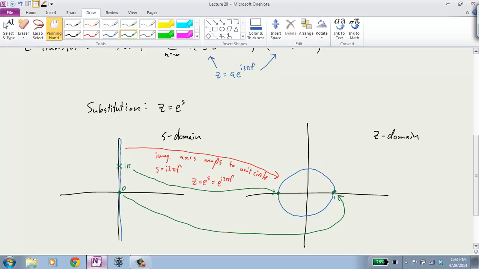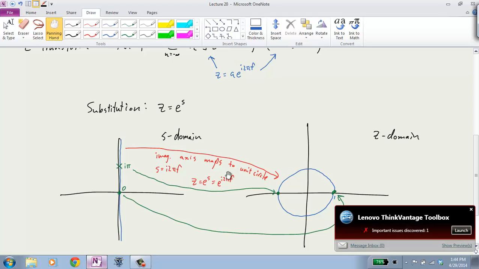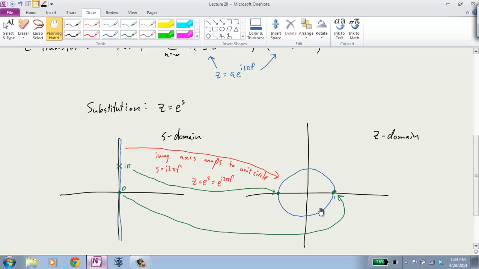Because if you follow along the imaginary axis and plug it through the e to the s function, as you go from 0 to iπ, this path here follows this half of the circle. And then as you keep going, you just keep going around. Once you get up to i2π for s, you're back around to the origin here. And then you just keep going around and around.